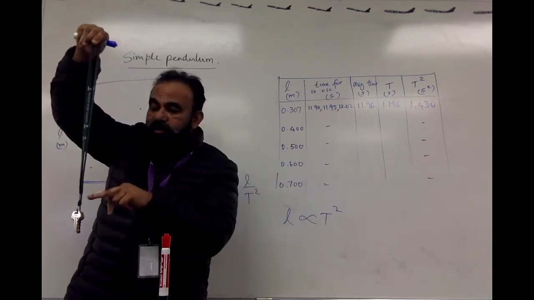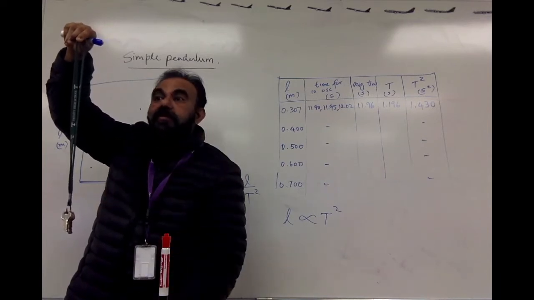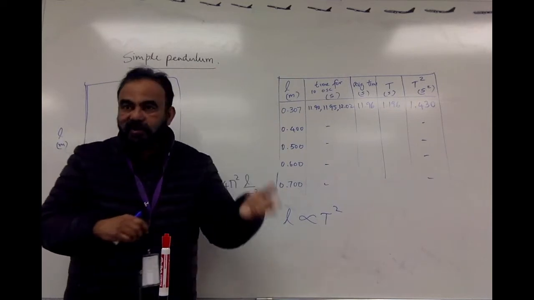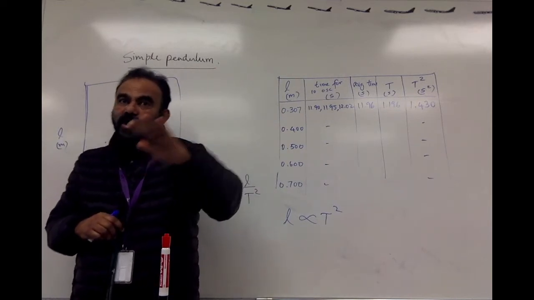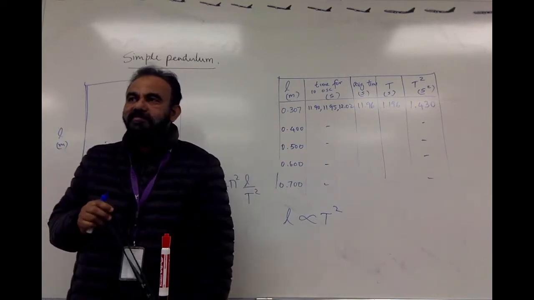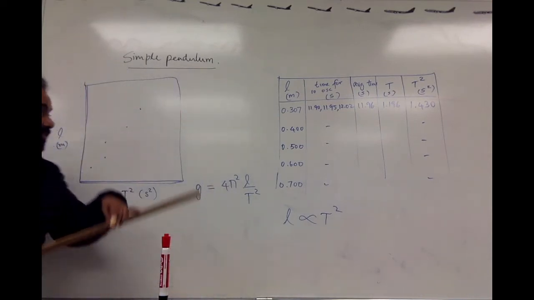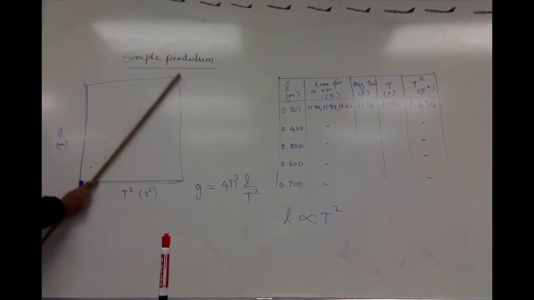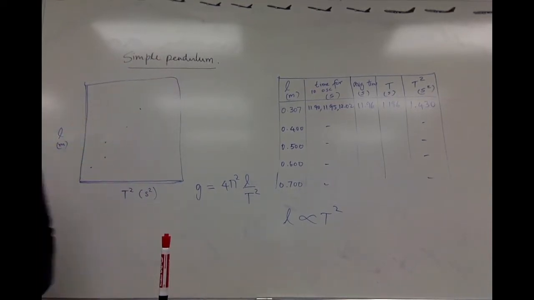Or instead, you measure only the string's length, not the pendulum at all. And you're doing that regularly. So all these numbers are wrong, and they're all wrong one way. Make sense? The consequence of that is the graph will shift from here to either here or here. And that is called systematic error.